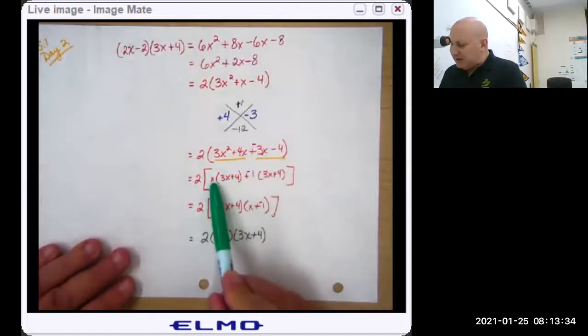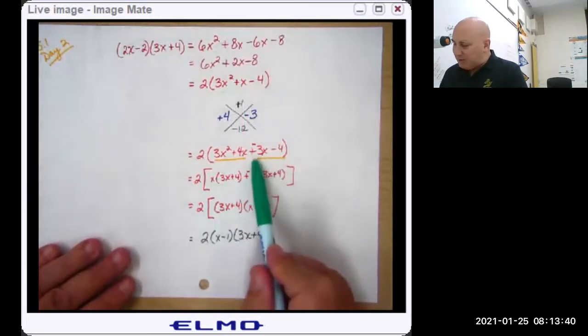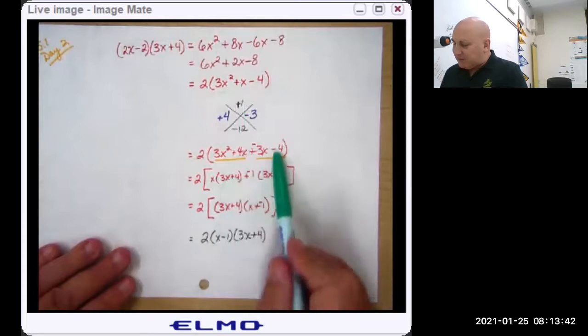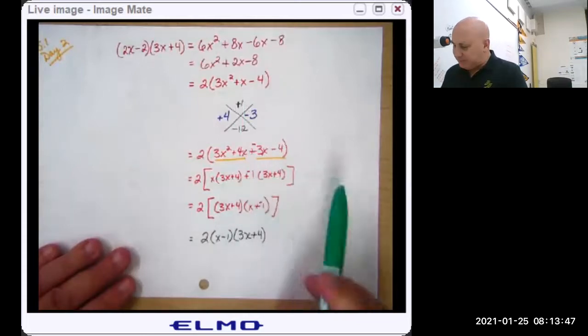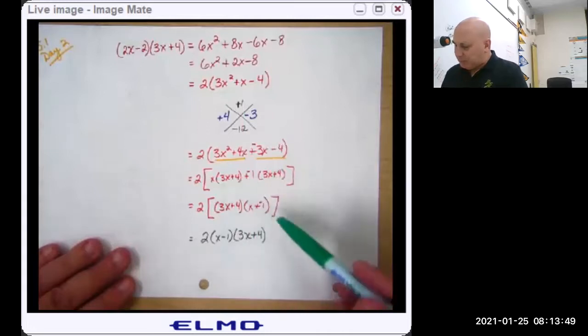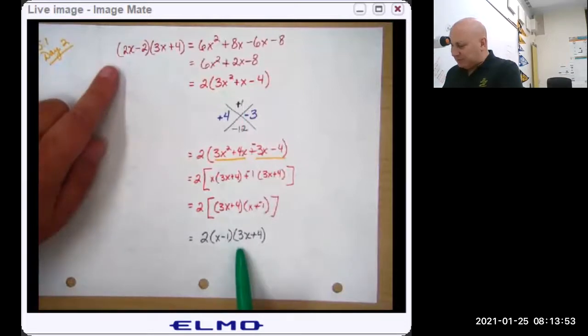Factor an x out of here, and I'm left with 3x plus 4 in the parentheses. What do I have to factor out over here to get a 3x plus 4 in the parentheses? I have to factor out a negative 1. And you can see I'm right back to where I started.